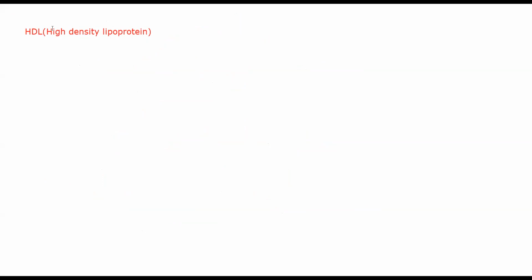It is packed with lipids and triglycerides. And the function of this high density lipoprotein is that it will take cholesterol and triglycerides and whatever lipid molecules are present from peripheral tissue, so all around your body, to the liver, to get metabolized and to get stored or to get converted. So in a way it is decreasing the amount of cholesterol that is present in your serum and in your body.